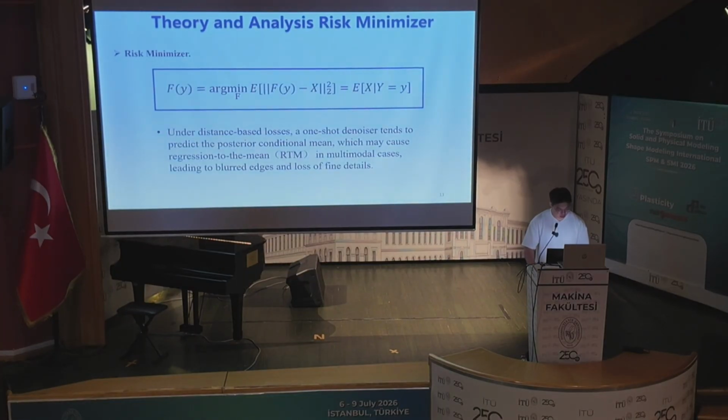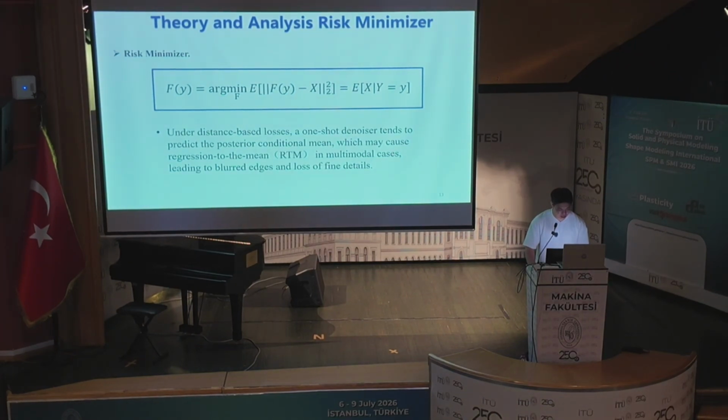We first analyze why single-step regression may fail. Under distance-based losses, such as squared error or Chamfer-like losses, the risk minimizer is the posterior conditional mean.